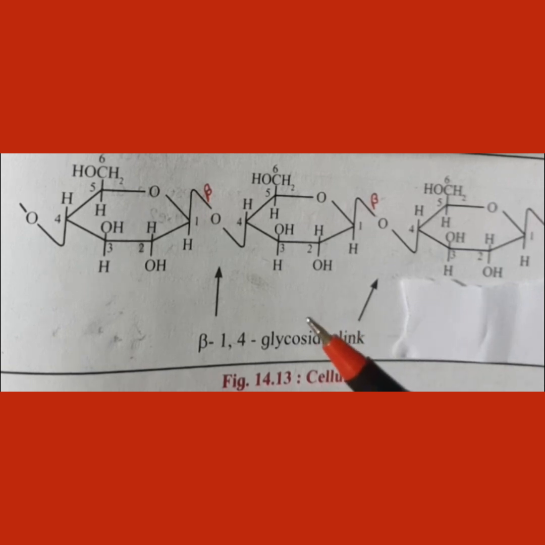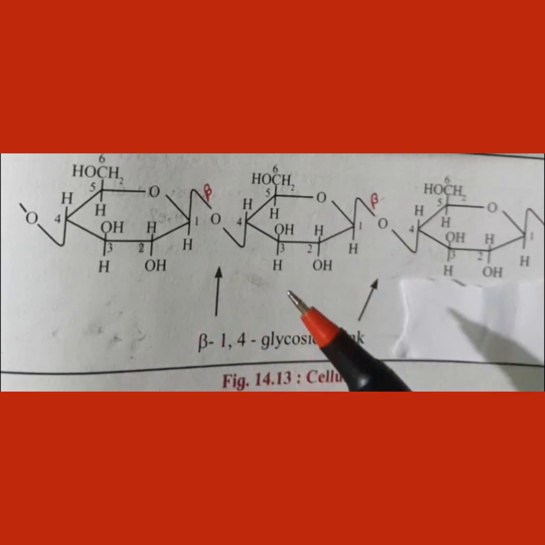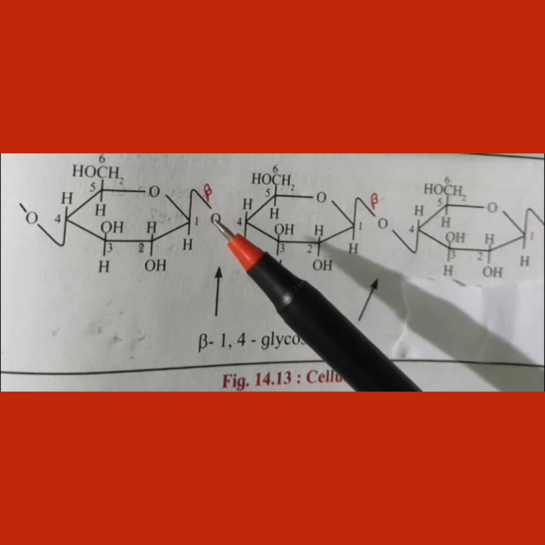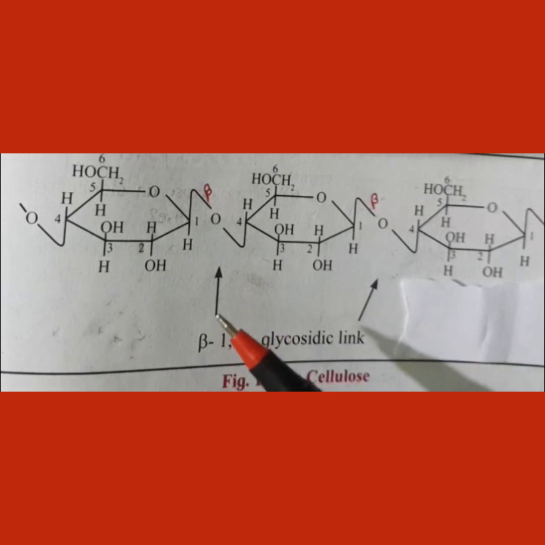So see the difference between alpha and beta. It's just the same glucose, but in the earlier case it was alpha linkage, whereas in this case it is beta linkage. So that's the difference between alpha and beta. The composition of alpha and beta in the carbs that we take also makes a difference.